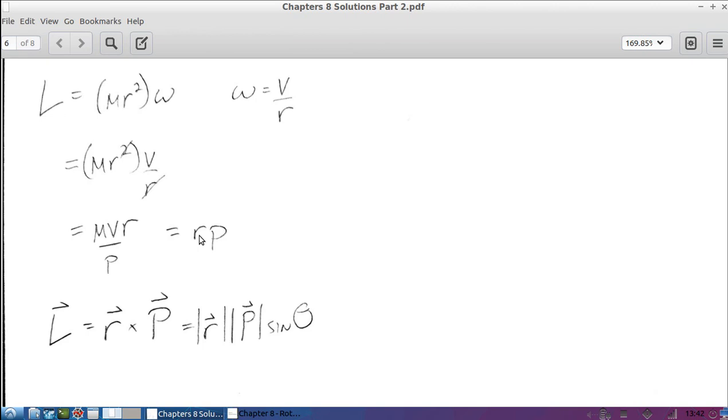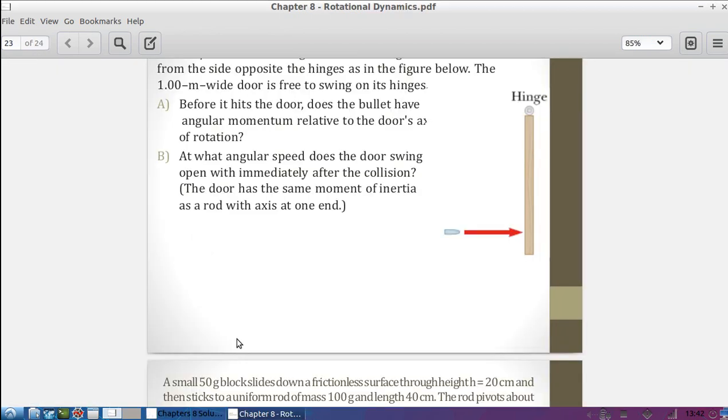Now angular momentum is a vector. This is our second formula for an object's angular momentum. It's very useful for any point particle, because if I have a point particle traveling in a straight line, it's got a linear momentum p. If I pick an axis of rotation, I can measure its position with respect to some preferred pivot point and calculate its angular momentum. So back to the diagram.